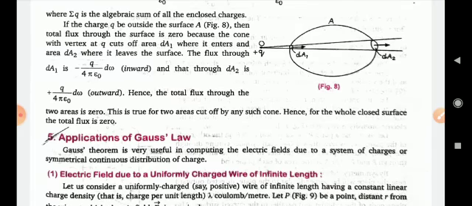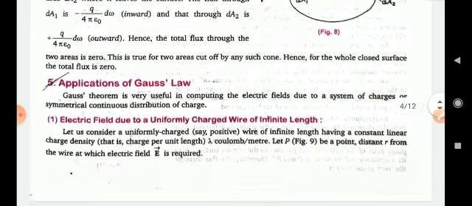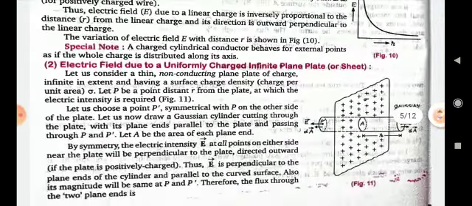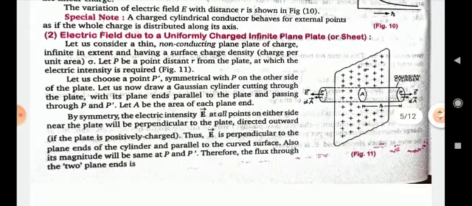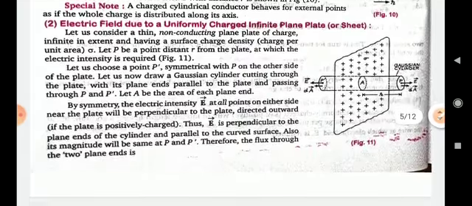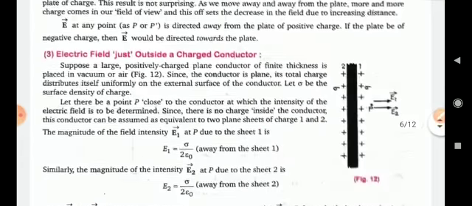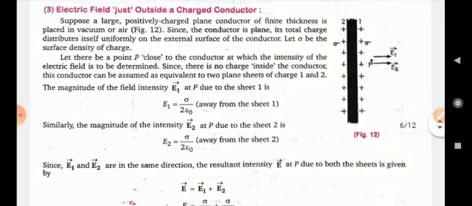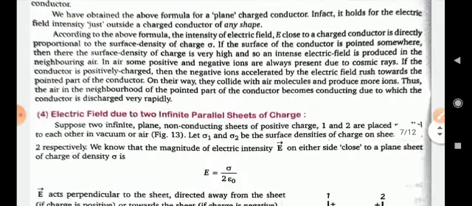Very important applications of the Gauss law. Number 1 point, electric field due to a uniformly charged wire of infinite length. Second point, electric field due to a uniformly charged infinite plane sheet. Third point, electric field just outside a charged conductor.